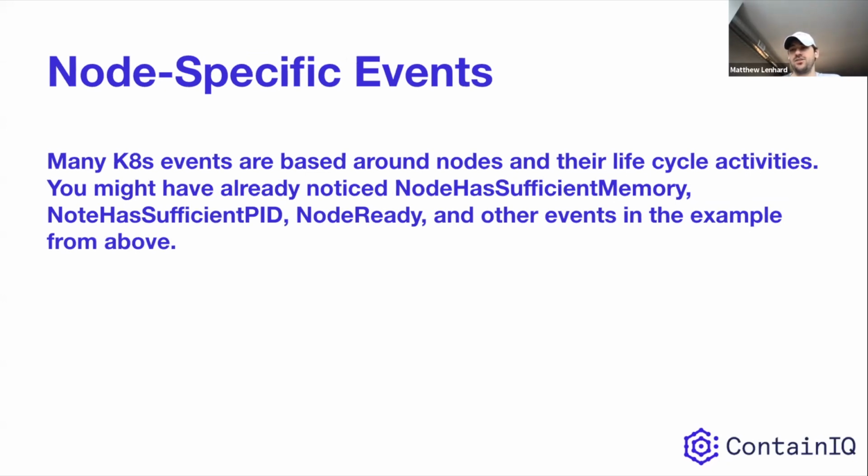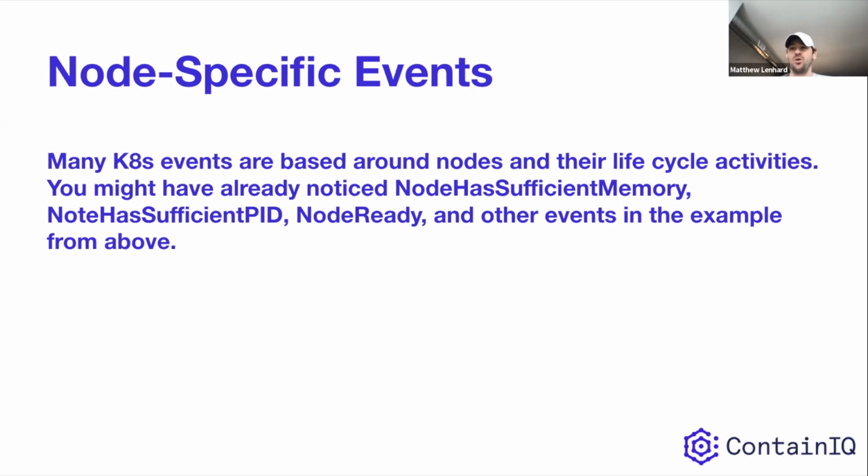Next, there's a bunch of node specific events. These could be used to monitor all of the nodes in your cluster. While there are things that are good, like node has sufficient memory, there's also the opposite, which is when your node runs out of memory. So you could do the same thing for node doesn't have sufficient memory, or node CPU limit reached, which is a great example of an event that will fire.